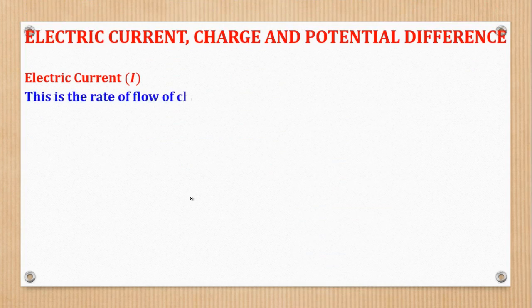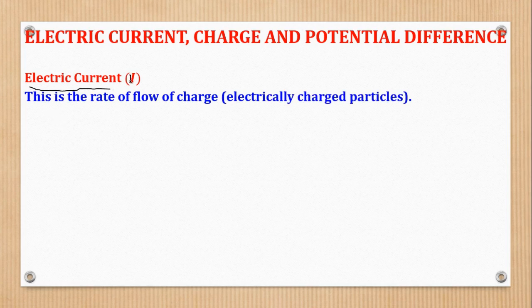There are some terms which we need to know. One is electric current. Capital I is the symbol to denote current. Current is the rate of flow of charge, or to be specific, the rate of flow of electrically charged particles.